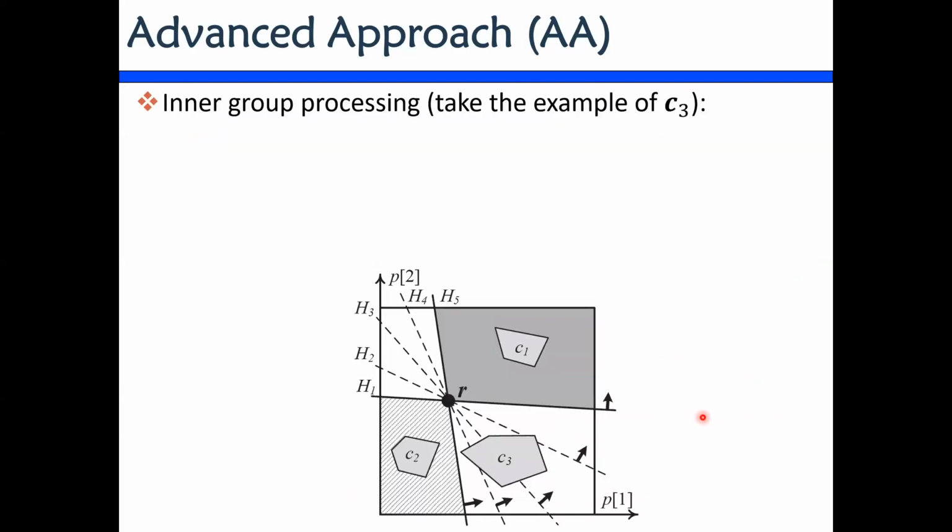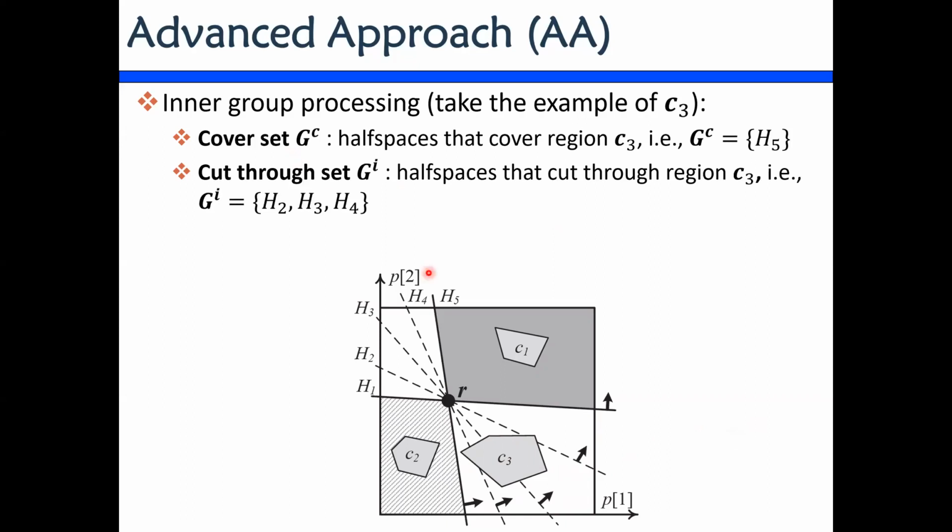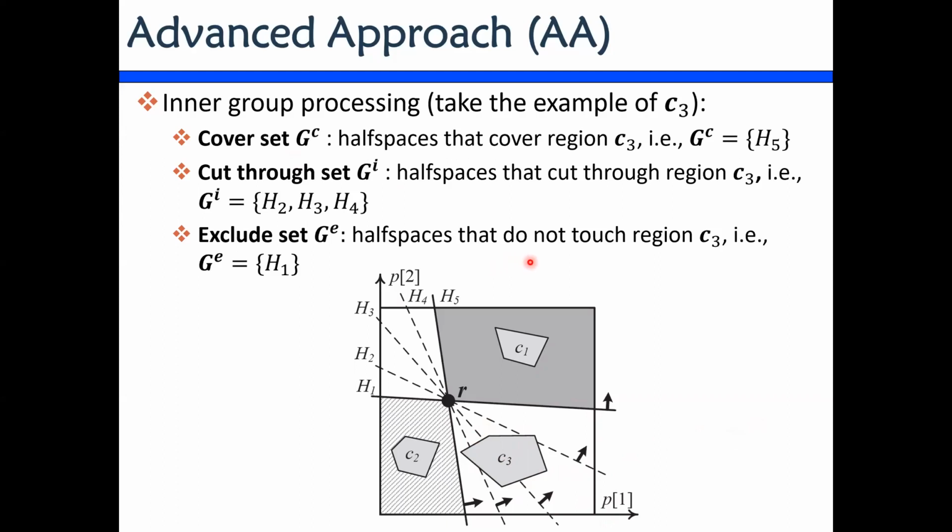So the question is, what happens with situations where this grouping cannot help us directly figure out that the entire group covers or doesn't cover the specific cell? Well, in these cases, we need to look deeper into the individual users of the group and classify them into a cover set, meaning those whose influential half space completely covers that cell, those that cut through the cell, just like these dashed ones that are shown here, and those that completely exclude the cell, this specific cell.